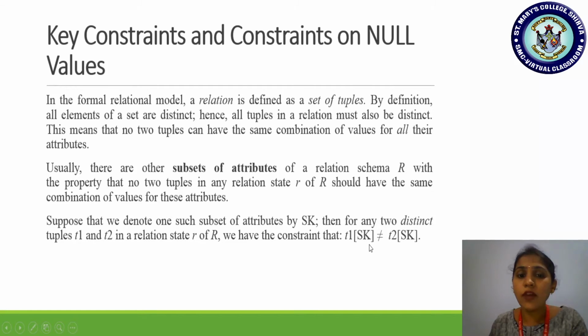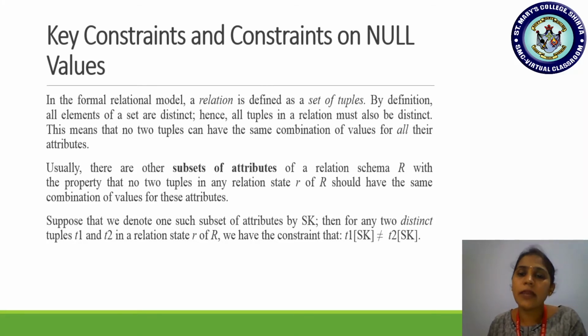SK means a subset of attributes. So tuple 1, that is your row, and the subset of attributes in your tuple 1, in your data, we shall consider as roll number, name. It will not be equal to tuple 2, your friend's information, where the subset of attributes is again roll number, name.